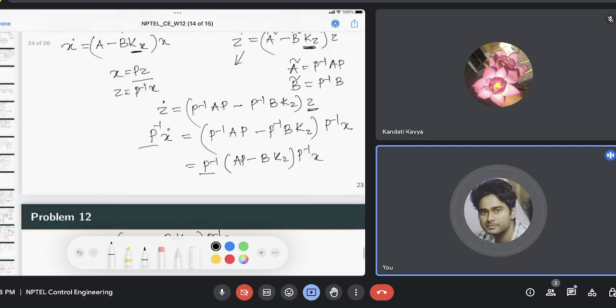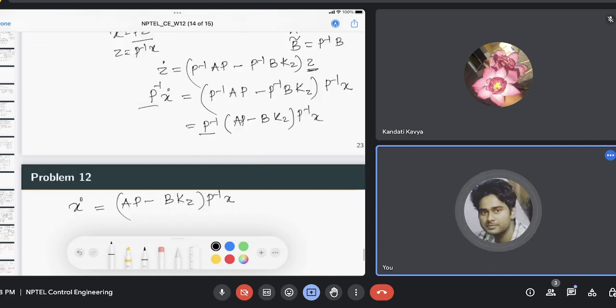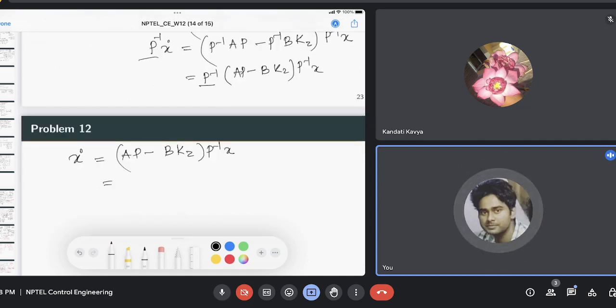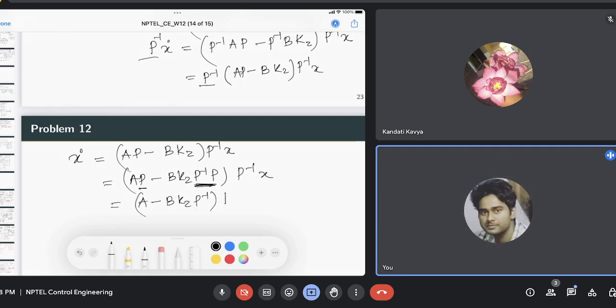But we want it of this form. So I can write this also like this: B KZ P inverse P. I just multiply by P inverse P because this is identity, and you see that I can take P common from both, so it is B KZ P inverse times P inverse x, equal to A minus B KZ P inverse x, right?